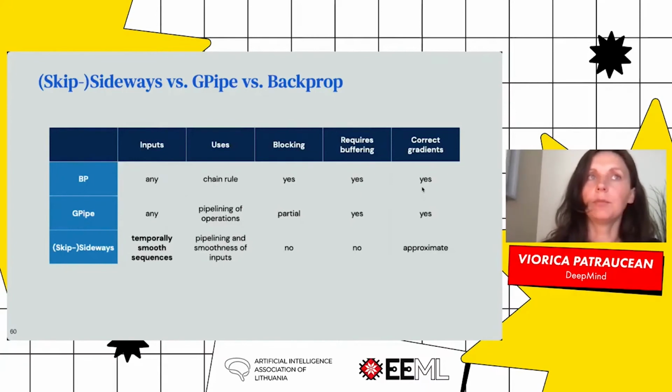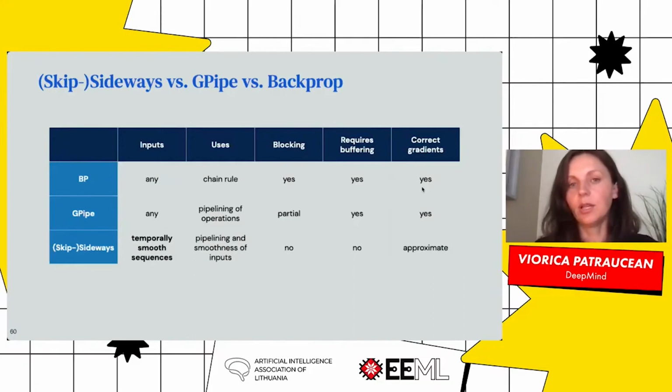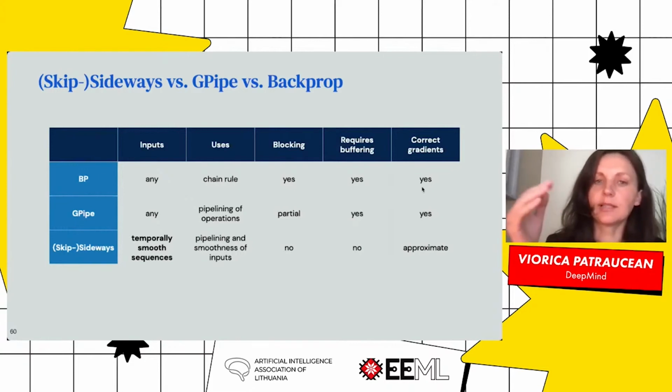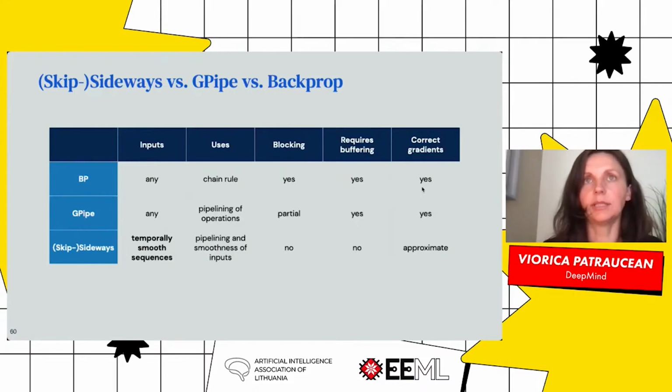And then, backpropagation based on the chain rule, GPipe and ours are similar in that they both use pipelining of operations. Backpropagation requires blocking of operations, whereas GPipe has a partial blocking, and ours doesn't require any kind of blocking of operations. As I mentioned, as soon as a layer finishes processing a frame, it sends the activations to the next layer and can start processing a new frame immediately.